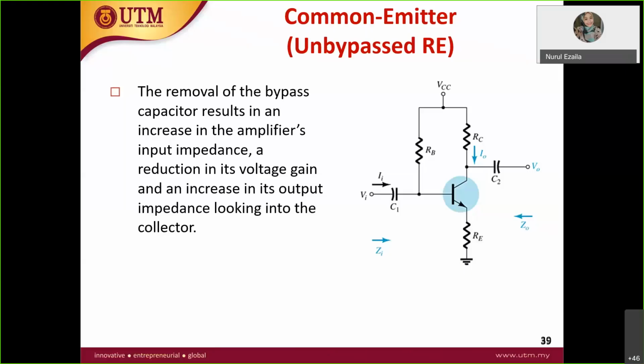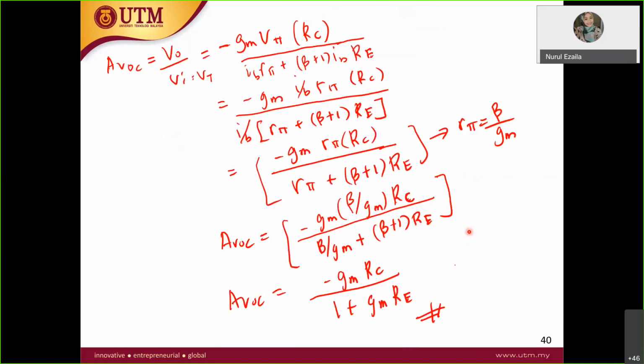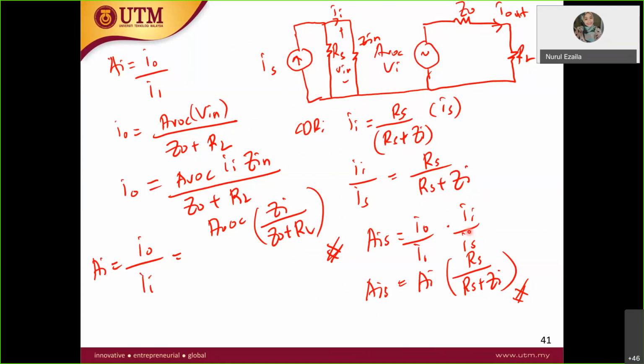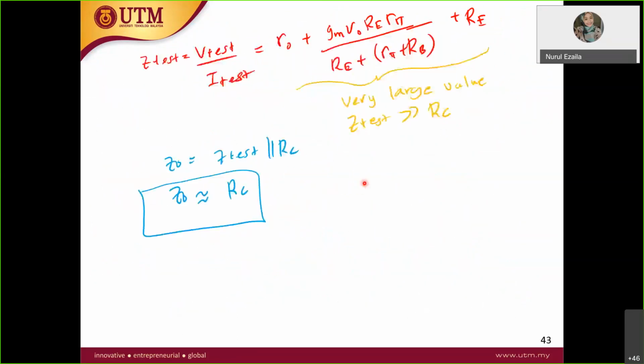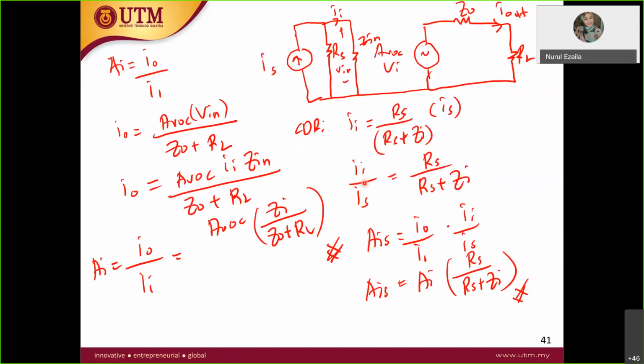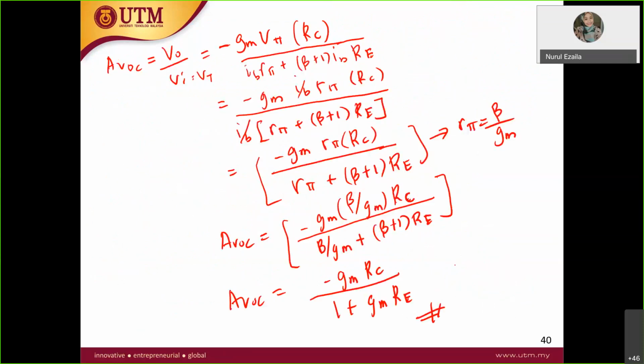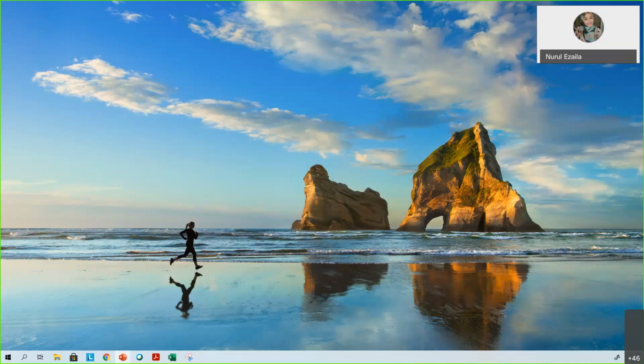This is common emitter unbypassed, where you have RE.